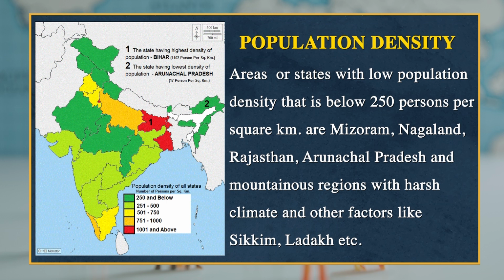Areas or states with low population density, that is below 250 persons per square kilometer, are Mizoram, Nagaland, Rajasthan, Arunachal Pradesh, and mountainous regions with harsh climate and other factors like Sikkim, Ladakh, etc. States with medium density of population, that is 251 to 500 persons per square kilometer, are Jharkhand, Assam, Goa, Maharashtra, Tripura, Karnataka, Gujarat, Odisha, and Andhra Pradesh.